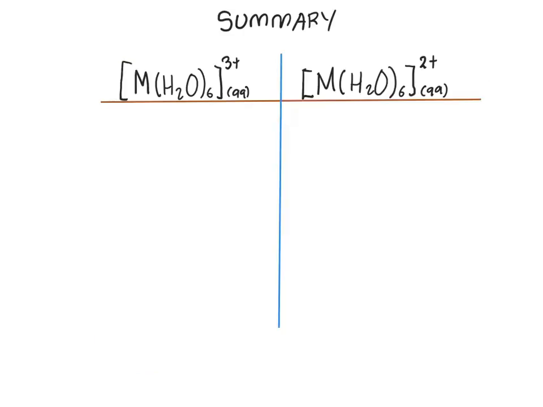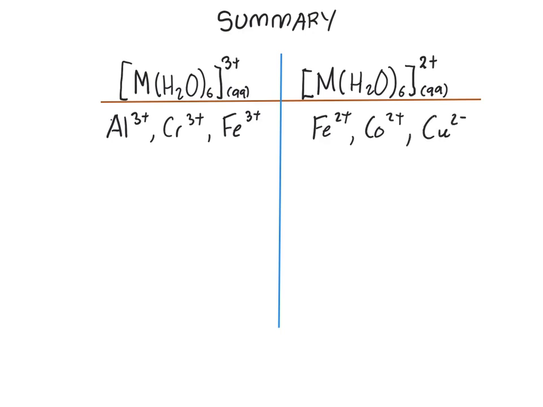So let's do a quick comparison of the 3 ions versus the 2 ions. So the 3 ions that we looked at were aluminium, chromium and iron. And the 2 ions that we looked at were iron 2, cobalt 2 and copper 2.